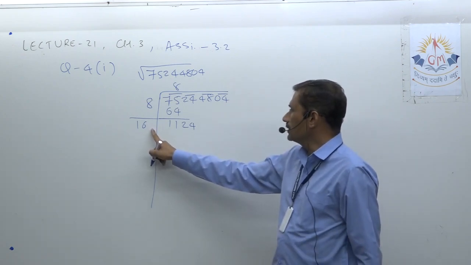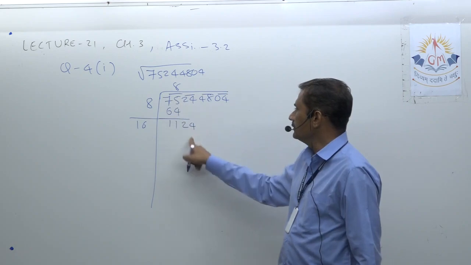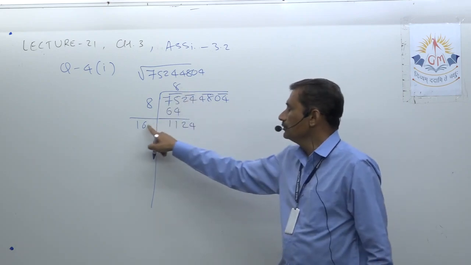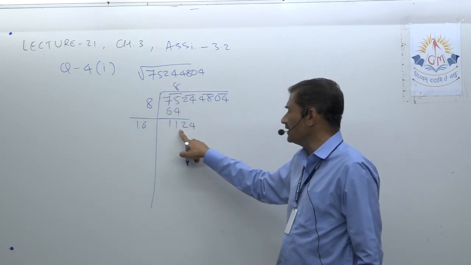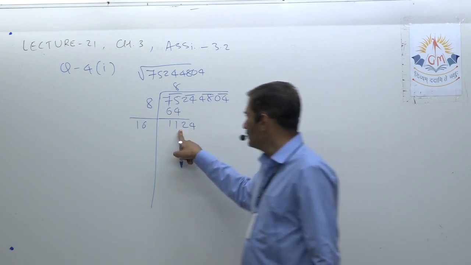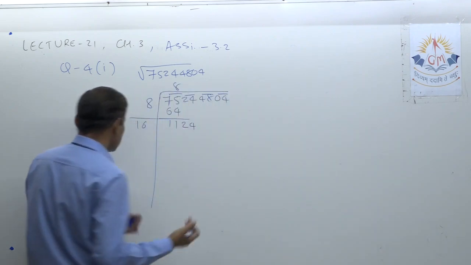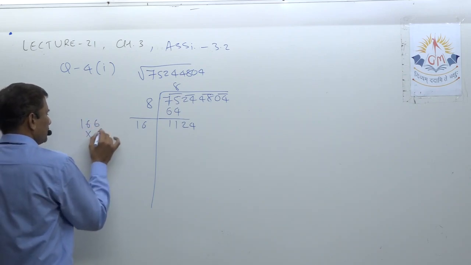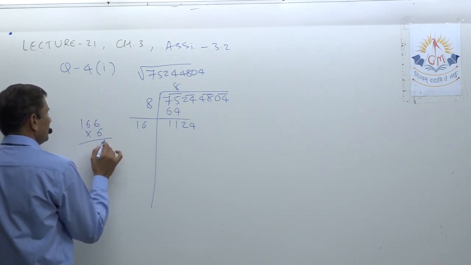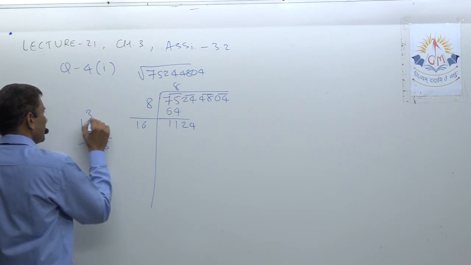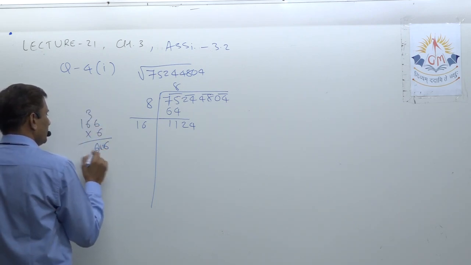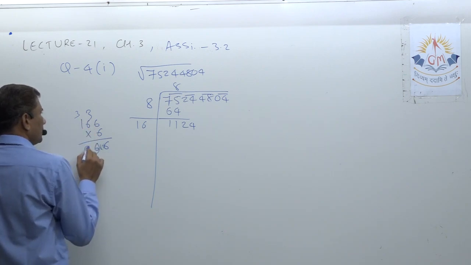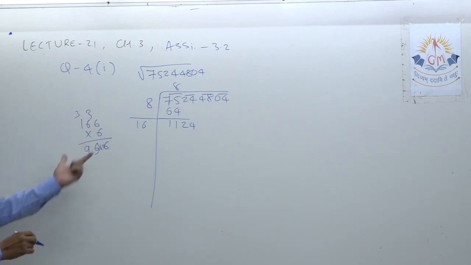Okay. Now look here. 161 into 1, 162 into 2, 163 into 3, but the number is quite bigger. So let's go directly to 165 into 5 or 166 into 6 like that. So let's check for this number: 6 6s are 36, 39. So it is still less, still less.